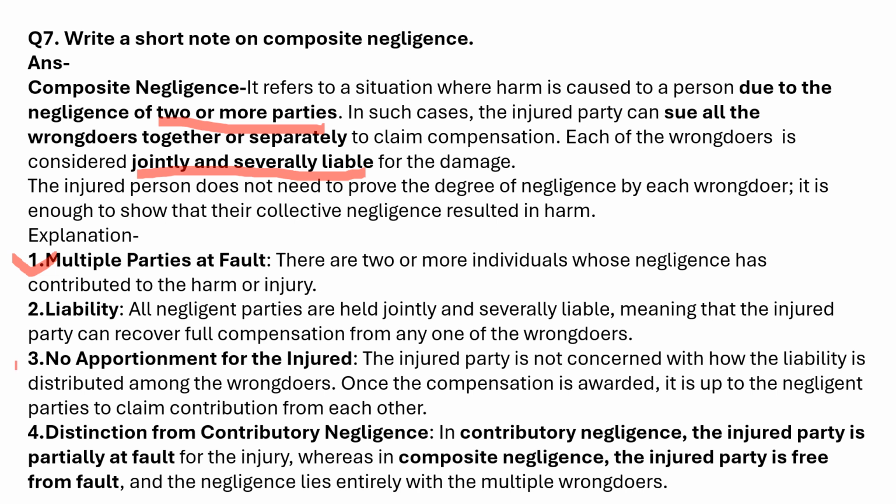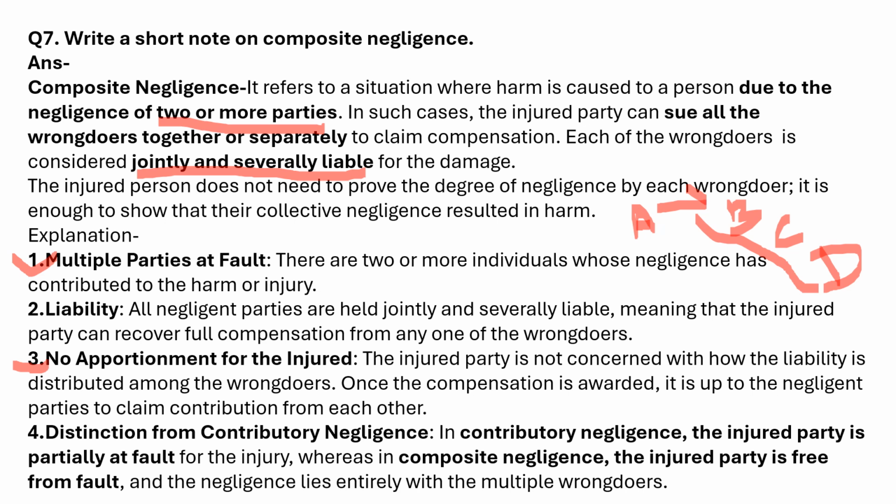If you are getting confused with this point 3, let me clear one thing: A was injured by 3 people, B, C and D. So A can claim compensation from all these 3 together, severally, jointly, or A can claim compensation from any one of them.